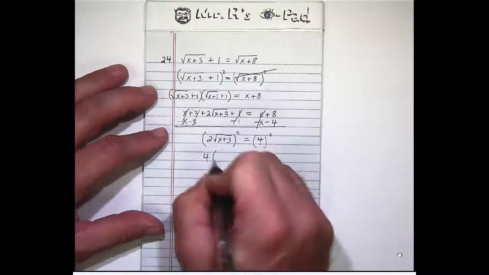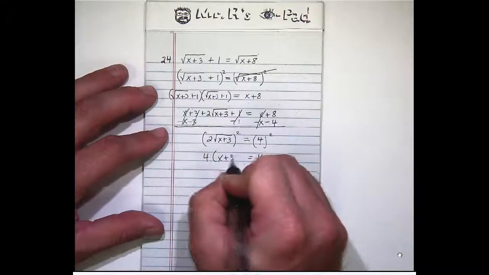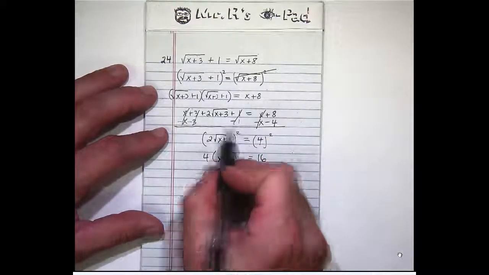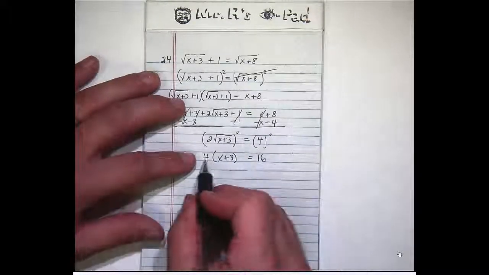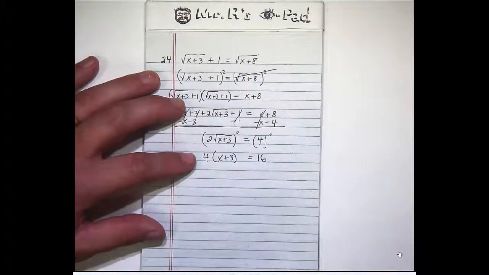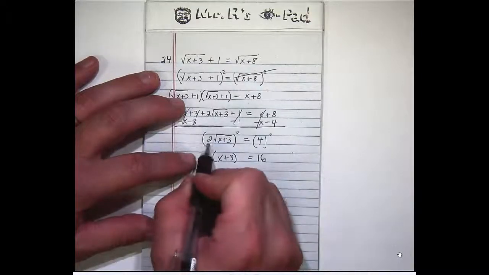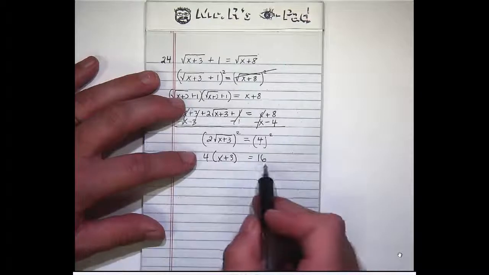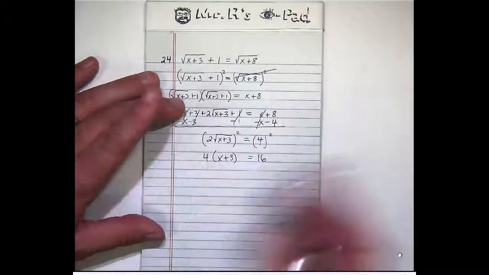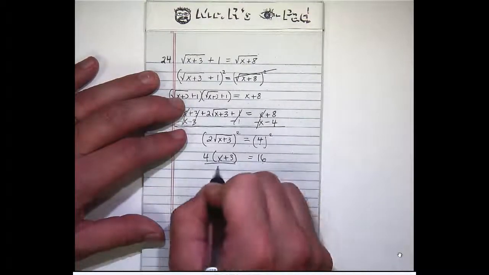So you get this times that. Square this, square this. Now I am going to divide out the 4 here, but if this 4 didn't go evenly into that 16, and it does because 2 went evenly into 4, I would distribute it and solve it from there, but it does, so let me get rid of it.